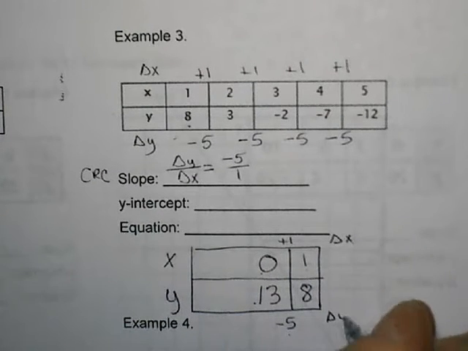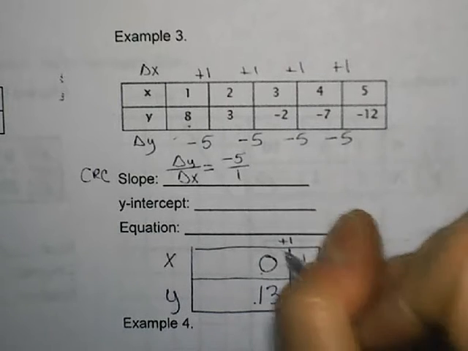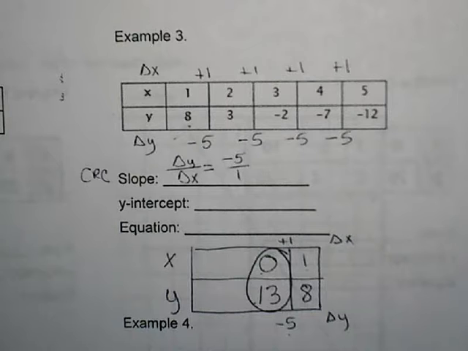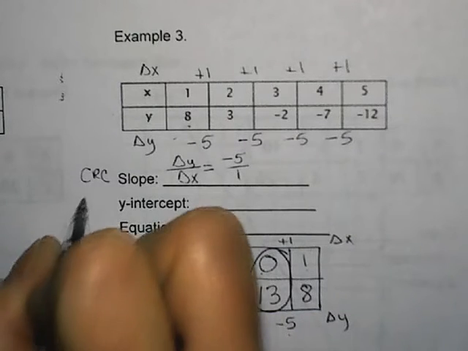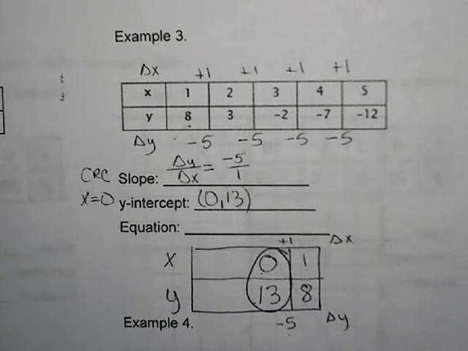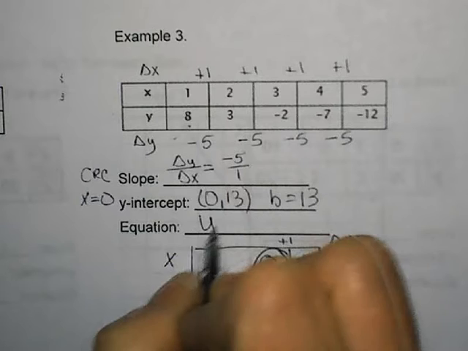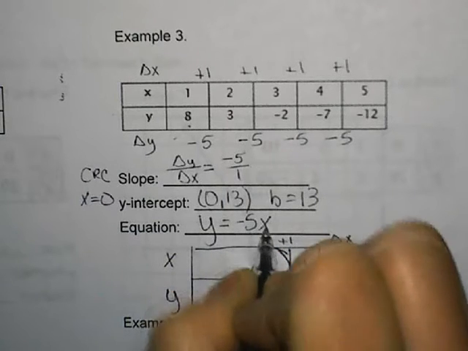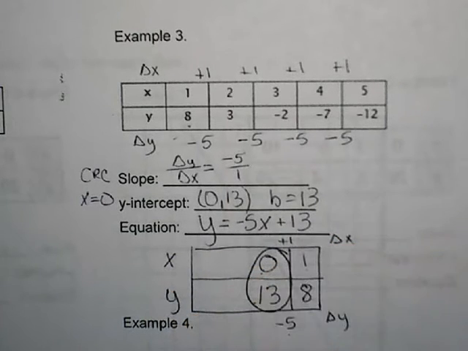Remember, the change in x and the change in y. I can use it to go backwards or forwards to find my y-intercept. It's where x equals 0. We get (0, 13). B equals 13. So y equals -5x plus 13. Are there any questions at this time?